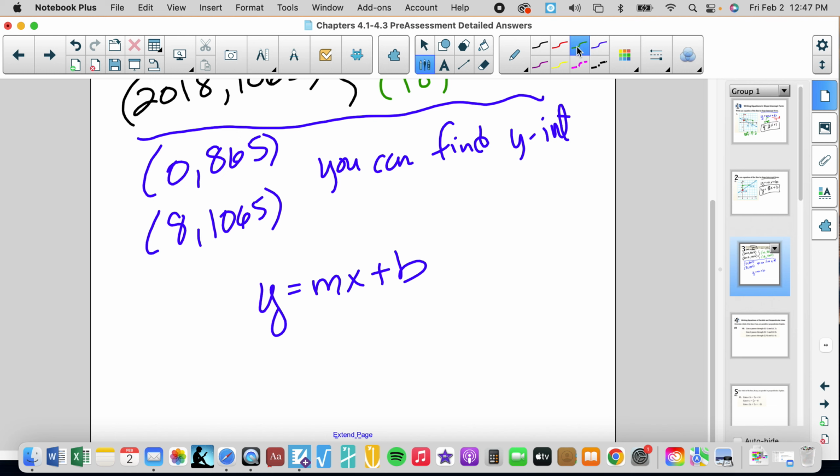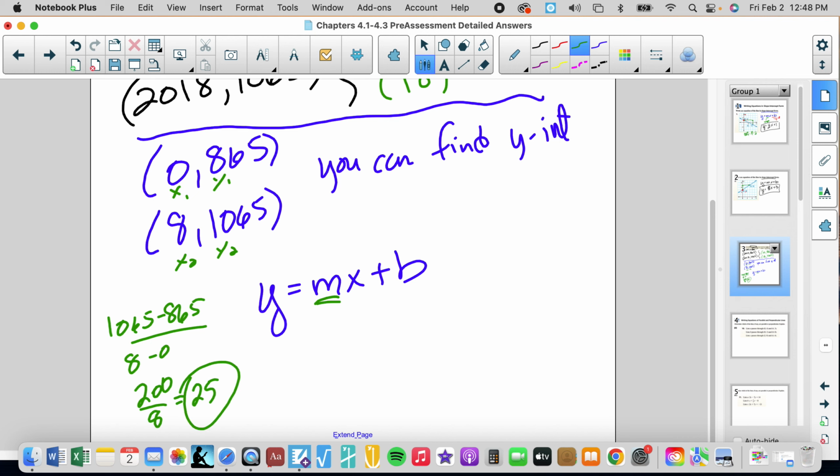So we need the slope. So the slope is going to be, this is our x1, y1, x2, y2. So we'd have 1065 minus 865 over 8 minus 0, which gives us 200 over 8. 8 goes into 20 two times. 16, minus 4, is 25. So my slope, my rate of change between these 2 points is going to be 25.